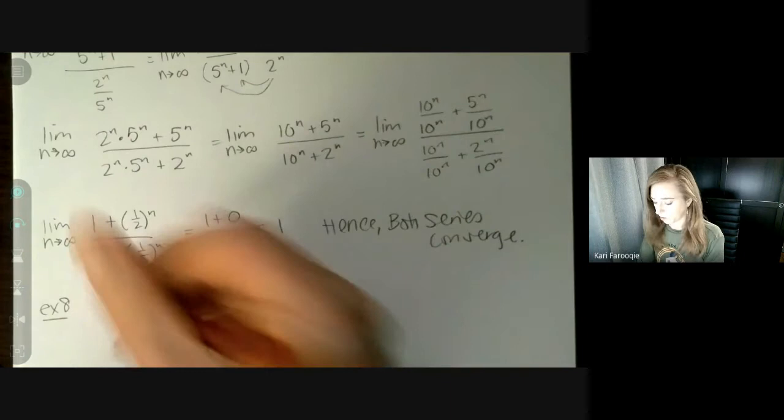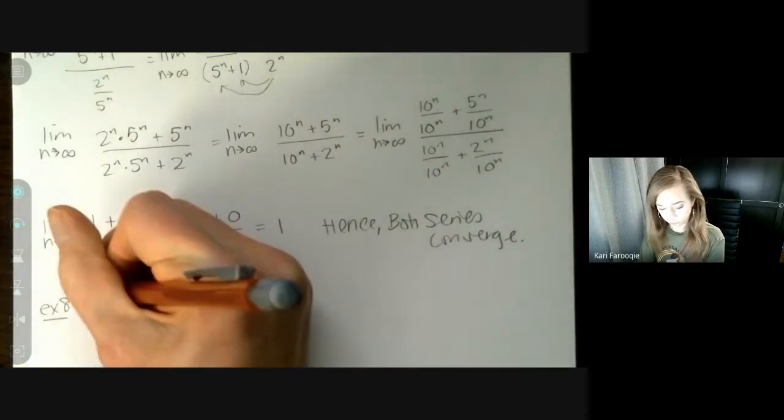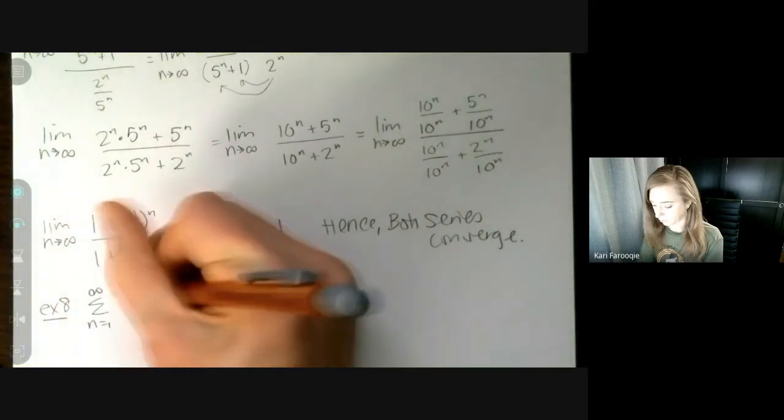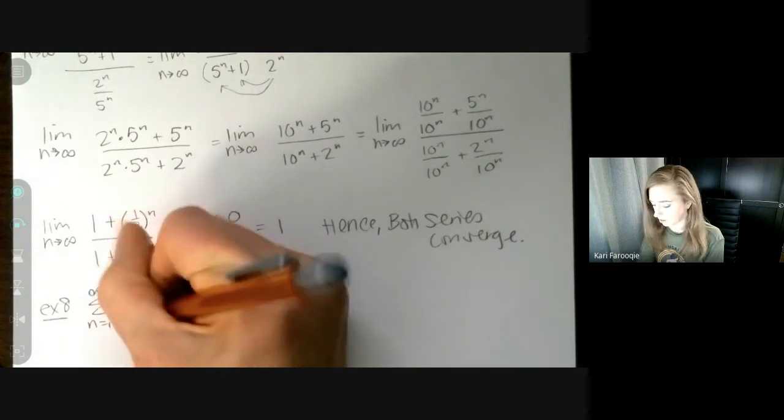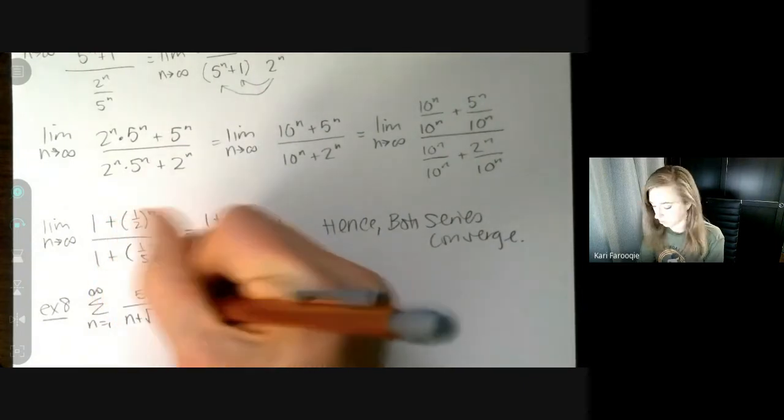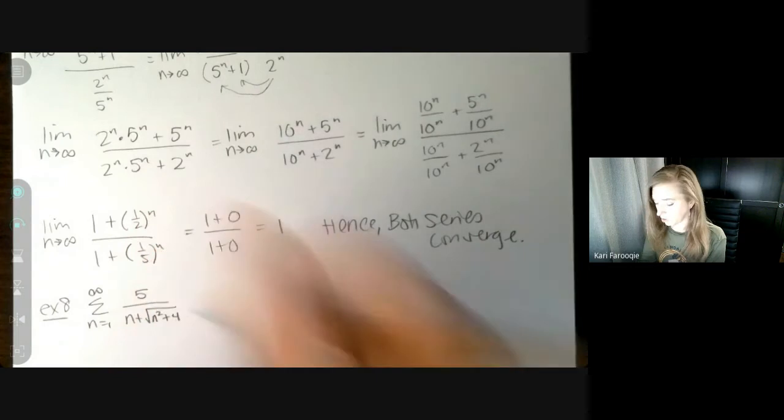This one is going to be the series from 1 to infinity of 5 divided by n plus the square root of n squared plus 4.